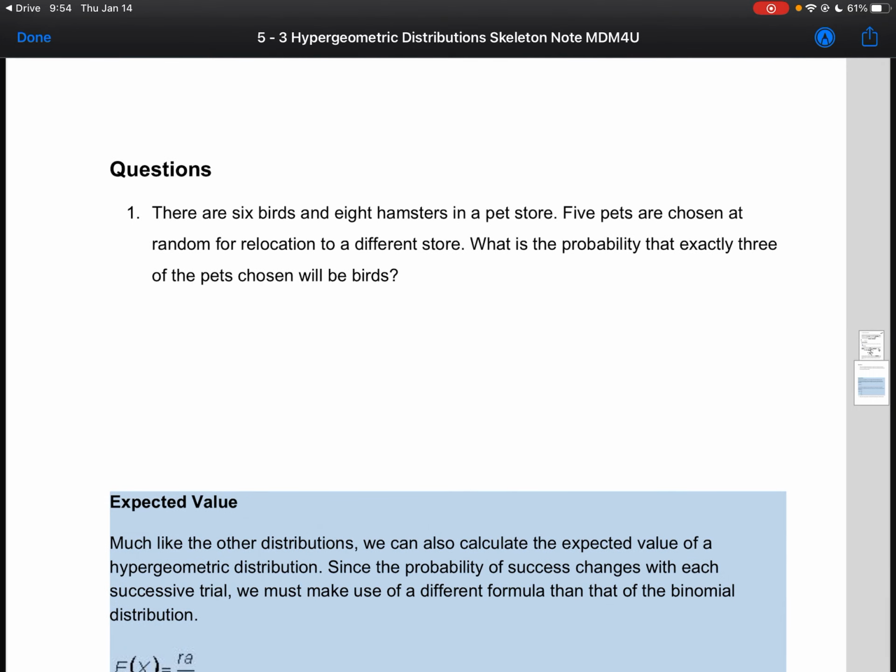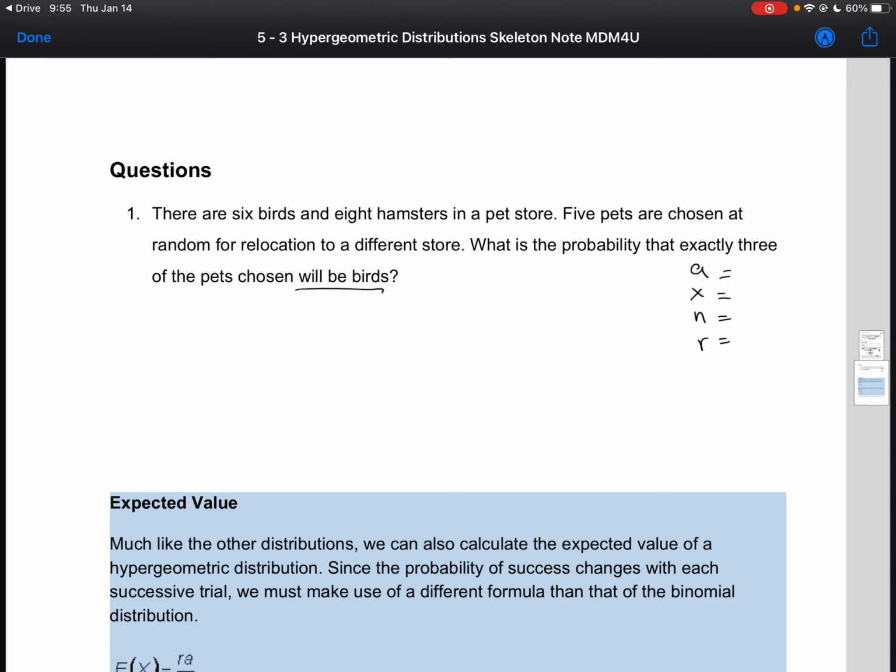In this one, we've got 6 birds and 8 hamsters in a pet store. 5 pets are chosen at random for relocation to a different store. What is the probability that exactly 3 of the pets chosen will be birds? I'm looking for birds. That is my random variable. That means that my X is going to be 3, and my A value is the number of birds that I have.